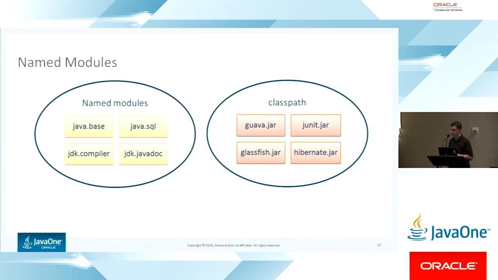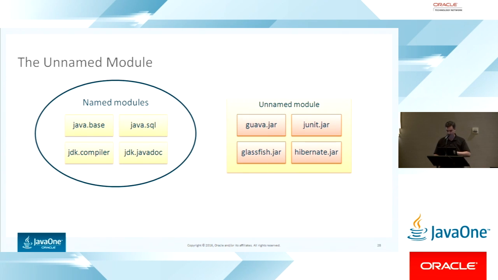All classes not in named modules are in the unnamed module. It's as if, wait for it, everything on the class path is in one big module. And because it's a module, we can ask two questions. What does it read and what does it export?